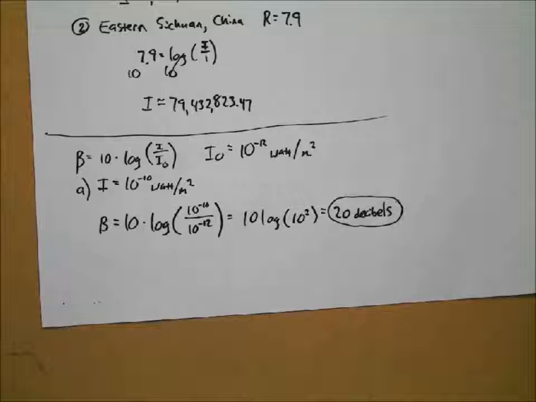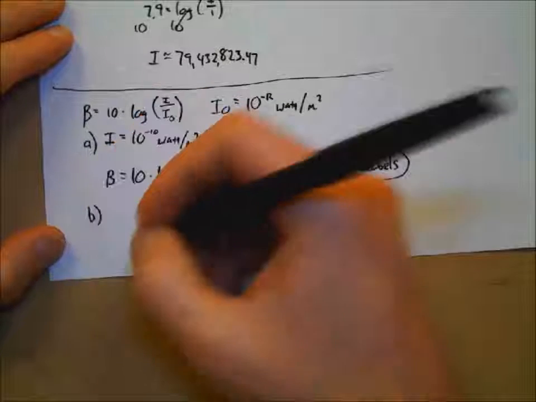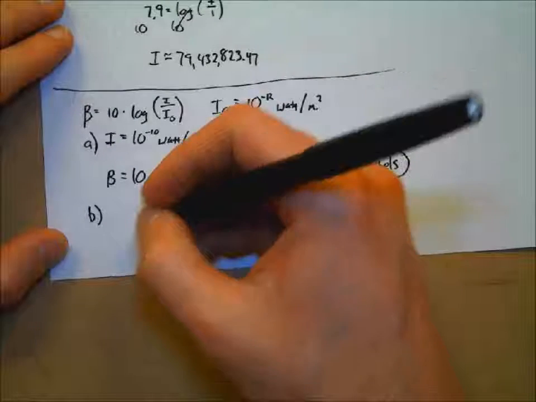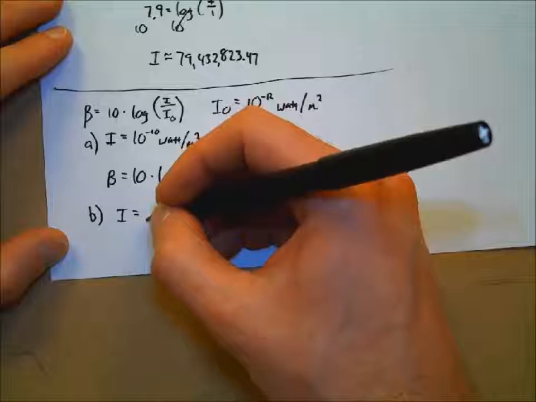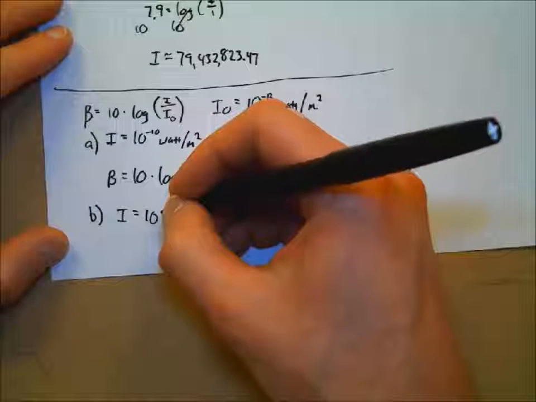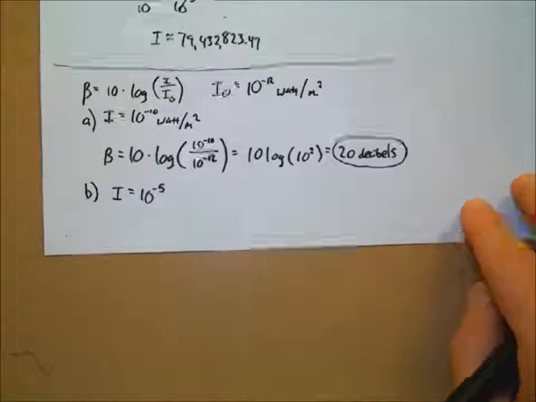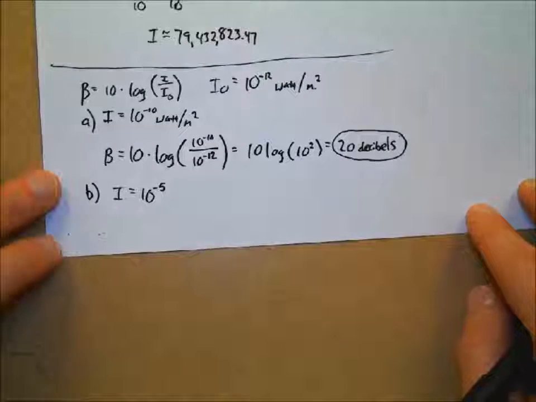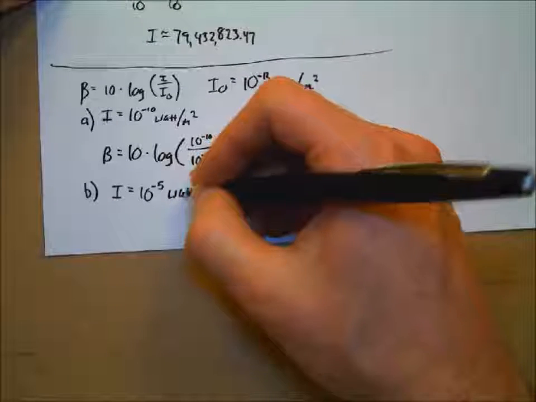20 decibels. Okay? So, you guys try here. Letter B, I'll have you guys try one. How about you do the busy street corner? So I equals 10 to the negative 5. 10 to the negative 5. So figure out how many decibels that would be.